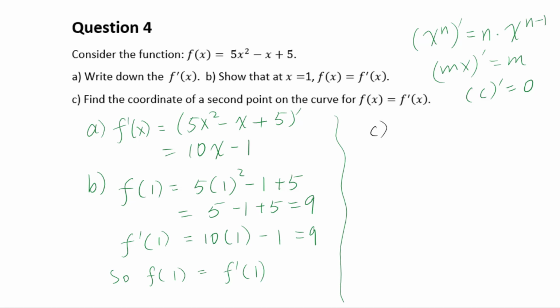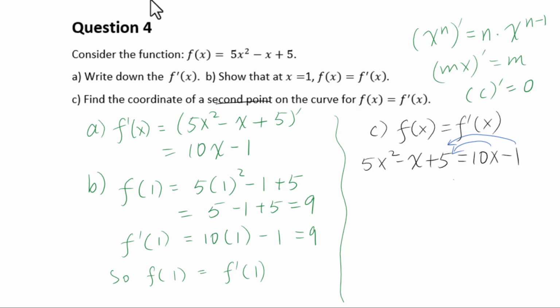Find the coordinates of a second point on the curve for which f of x equals f prime of x. f of x equals f prime of x, which means 5x squared minus x plus 5 equals 10x minus 1. Change this equation into equal to 0 form: 5x squared minus x plus 5, remember, change the sign, plus 1 equals 0.